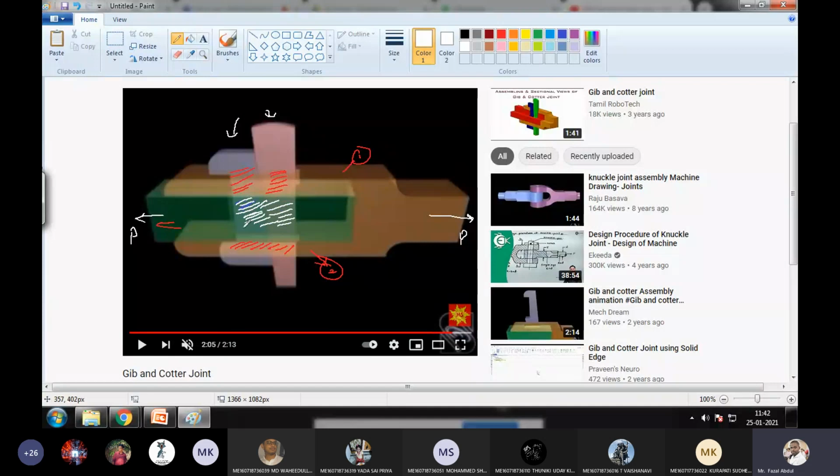Are you getting, Babu, whatever I'm drawing? This third portion is going to come outside along with this rod. It means this quarter and gib is going to break down into three pieces. The first piece remains in this strap, the second piece remains in this strap, and the third piece remains in this rod.